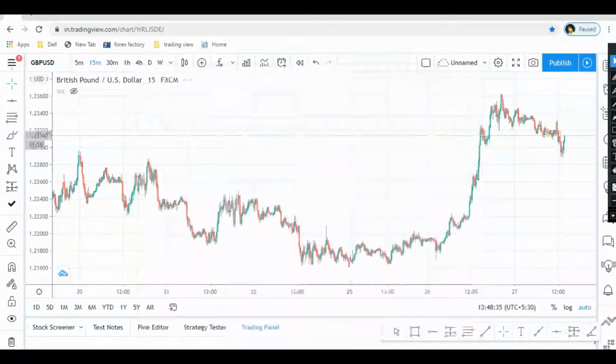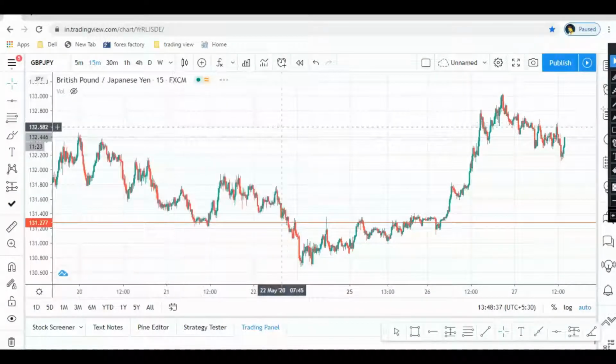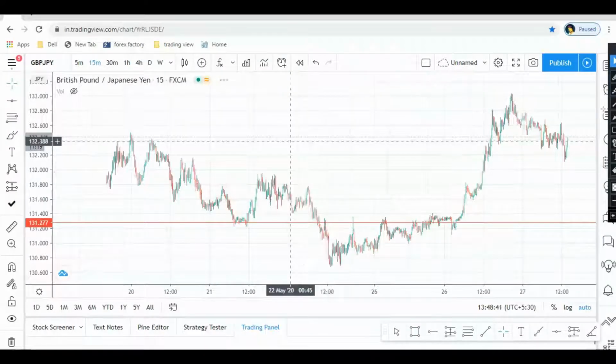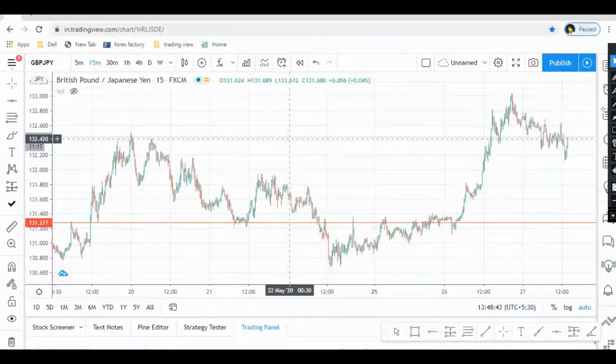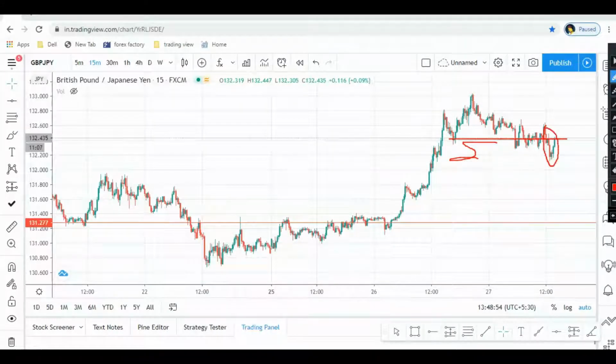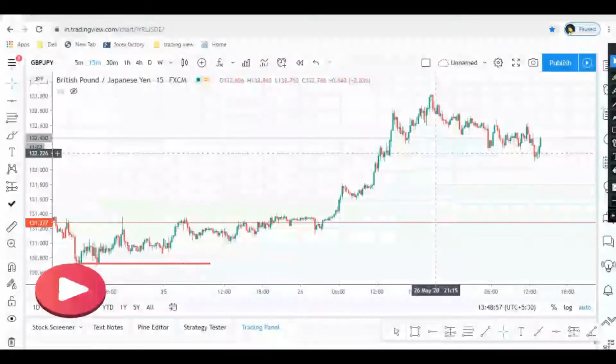GBP JPY. Alright, as I can see on the 15-minute chart, this particular area acted as a support, and it was broken out by these bearish candles. So just next to that I can see, let me mark perfectly.